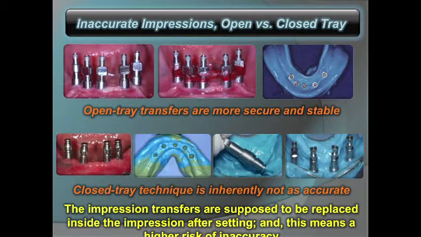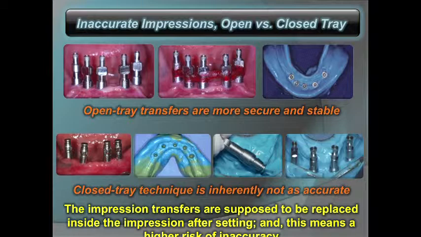Okay, so let's go back to the prosthodontic route. Inaccurate impressions can cause complications. Open tray versus closed tray, it is important to know which one is better and when we can use which one. In general, open tray transfers are more secure and stable, you know that.